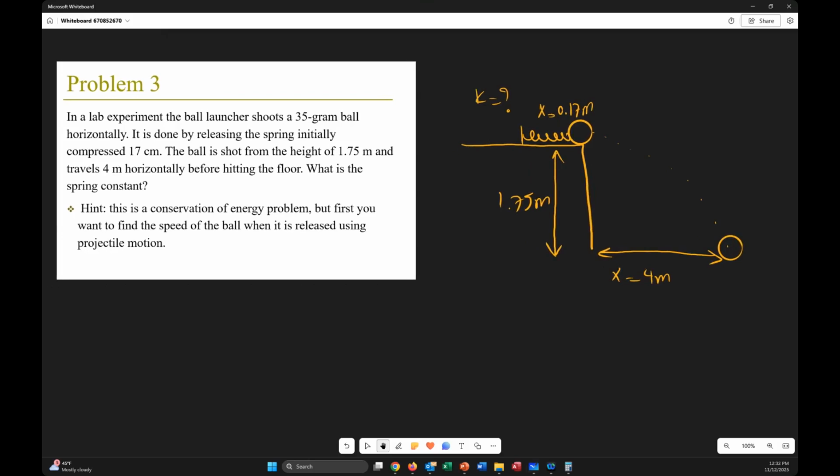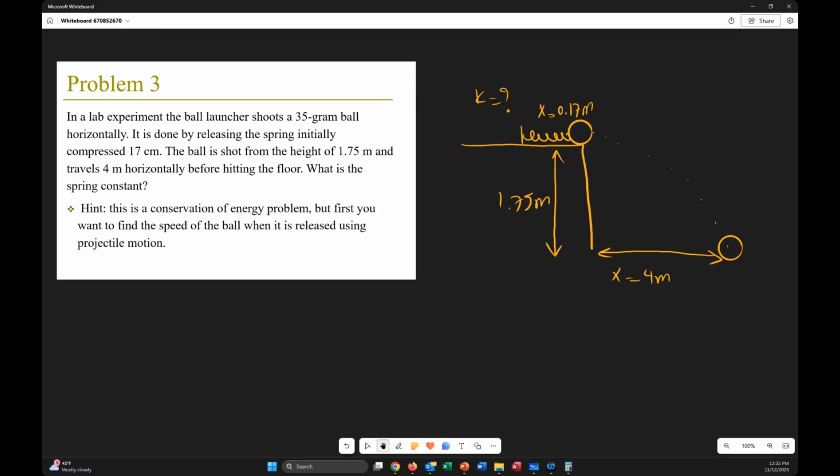Then we are trying to use this problem to find the spring constant. How can we solve this problem? What do you think? When the object is compressed, so the spring is compressed, what kind of energy do we have?